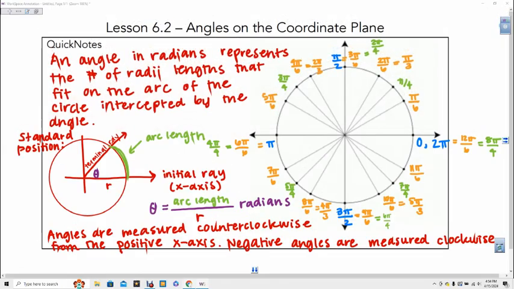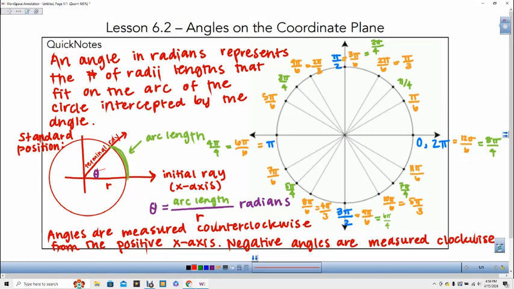What that means is this: if we have an angle right here that is 1 radian, it means that the length of the radius is equal to the length of the arc if we were to cut it off the circle and stretch it out and measure it on a ruler. This length would be the exact same length as that if this angle was exactly 1 radian. So that's where the radian measure comes from.